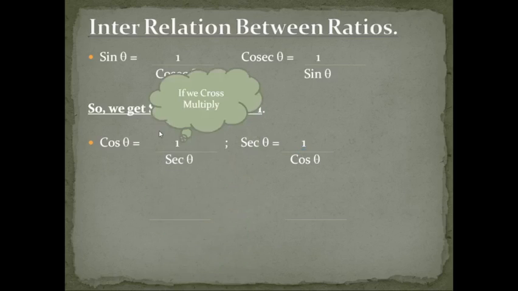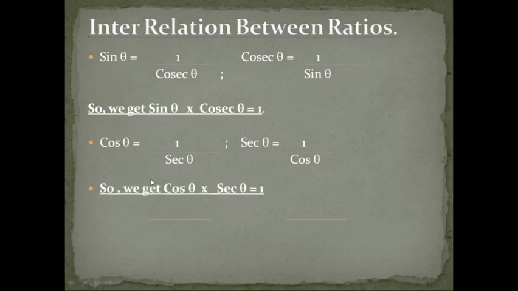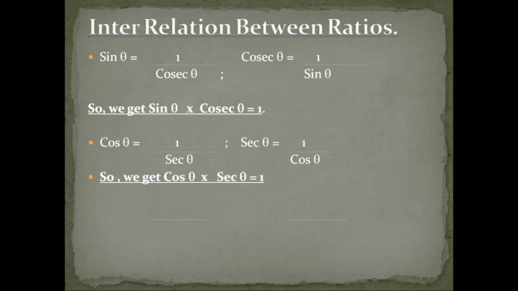Now, if we cross multiply this whole equation, we get cos theta into sec theta is equal to 1. Okay, friends? Fine.